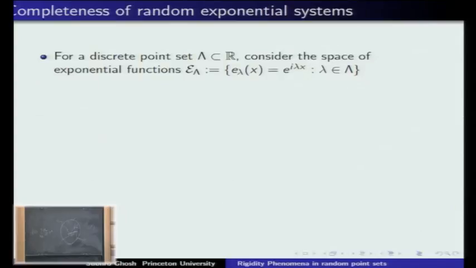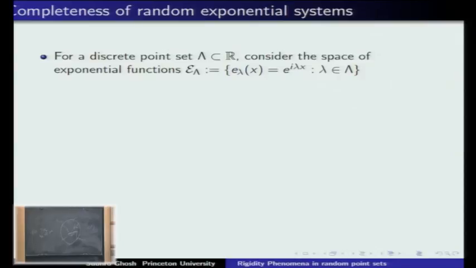Okay, so suppose we are given a discrete point set on the real line. For every real number lambda we can consider an exponential function e sub lambda, which is basically e to the i lambda x. And for reasons that will become clear, we will consider this as an element of L2 of minus pi pi.